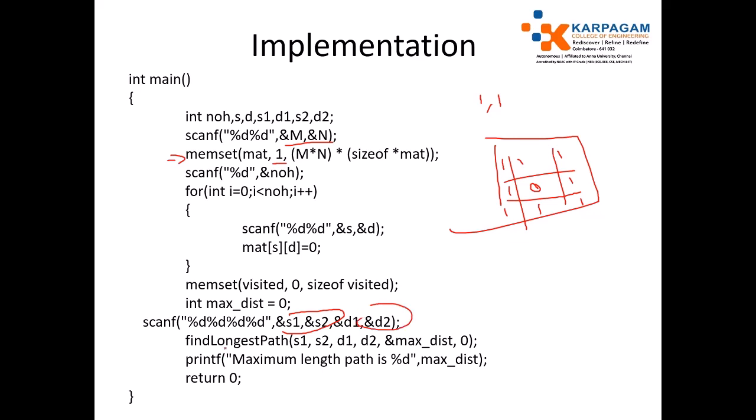And call the find longest path function by passing s1 comma s2, d1 comma d2, and maximum distance, which was initially set as 0, and the initial distance value 0, because we are starting from the source now. Call this function. After calling this function, just print the maximum distance stored in the max underscore distance variable and return it.